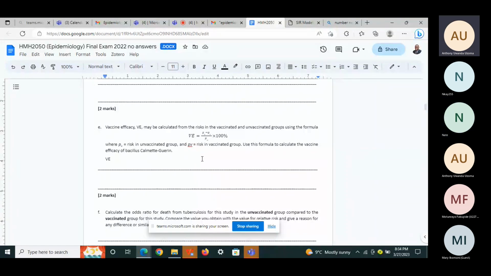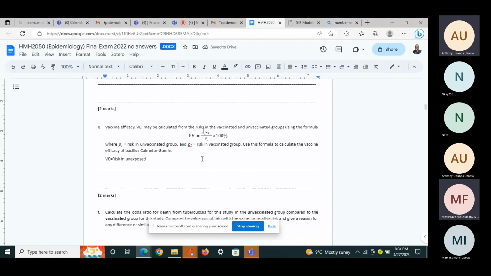The formula is our VE, which is vaccine efficacy, is equal to the incidence in the unexposed group, or let's call it the risk in unexposed group. So this is still under the same table, right? Yes, under the same question.